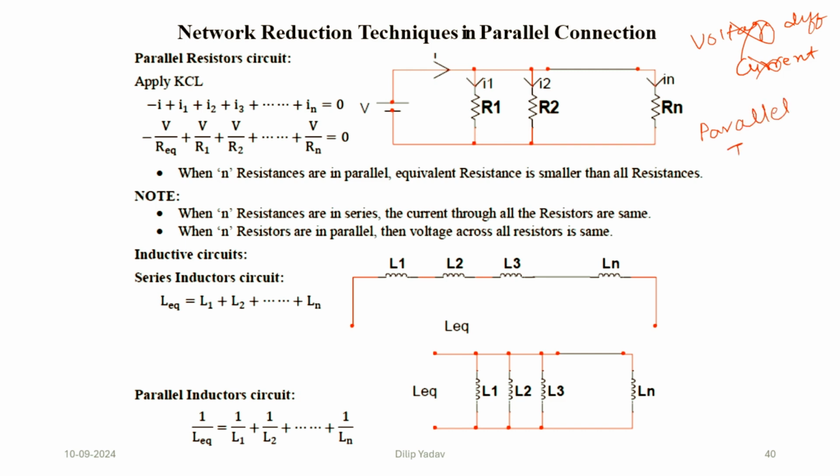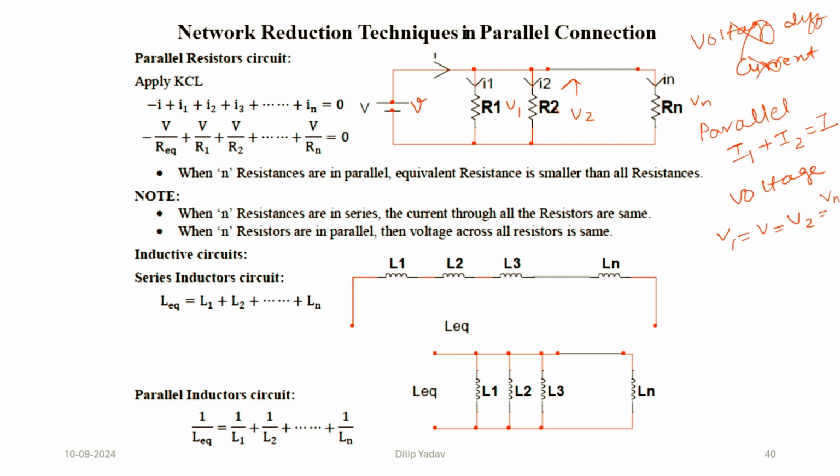In the parallel, the current division is there, that is I, and the voltage remains the same. If it is V, then it will be equal to V1, this will be V2, and this will be Vn. So V1 is equal to V is equal to V2, and V is equal to Vn. So this is the property of the parallel.